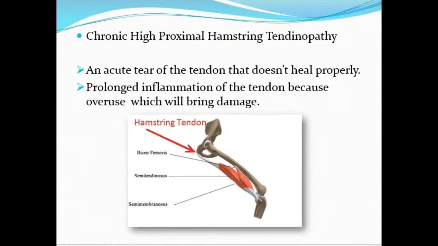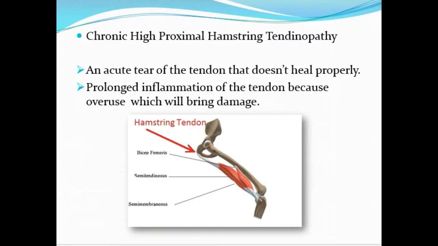You will feel pain deep in the buttocks, upper thighs, and back of the hips, and it will start gradually, little by little. Repetitive usage of the hamstring may cause pain. You will also feel pain when sitting, and pain when bending fully at the waist, for example, to pick something up from the ground.